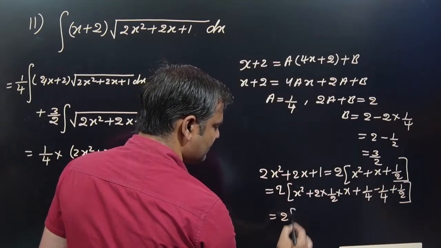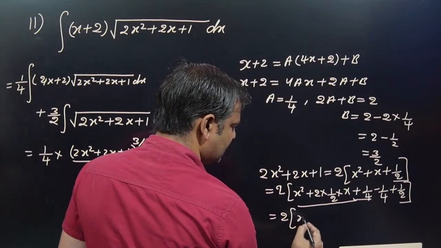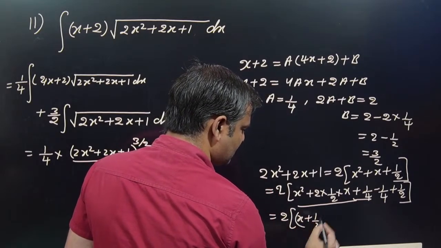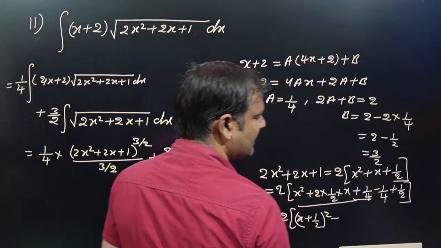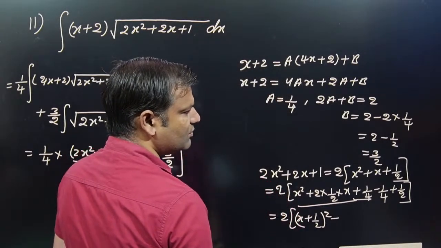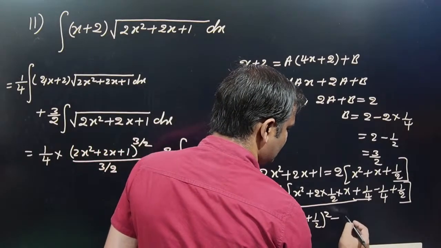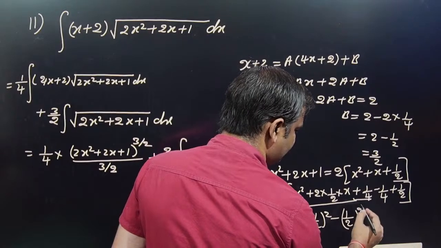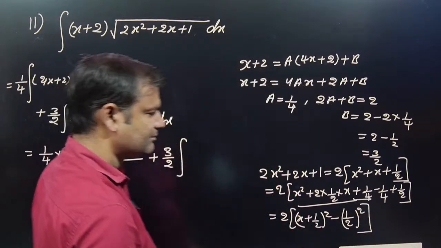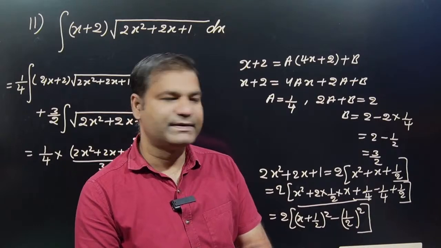So 2 into, what about that value? This one is written x plus half to the whole square minus 1 by 4 plus half. So basically 2 minus 1, that is plus 1 by 4. Okay, so you can say 1 by 2 to the whole square. Now these two are adding, minus 1 by 4 plus half is how much?